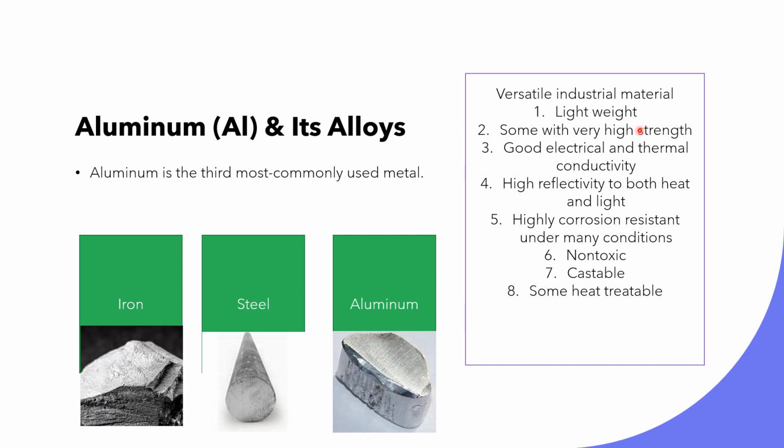So they're lightweight, and some of them have very, very high strength, and they have very good electrical and thermal conductivity. They also have very high reflectivity for heat and also light. And they have very high corrosion resistance, and that corrosion resistance applies to many conditions, like in the air, outdoors and indoors.